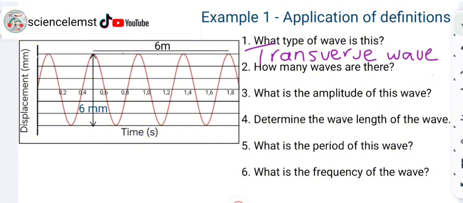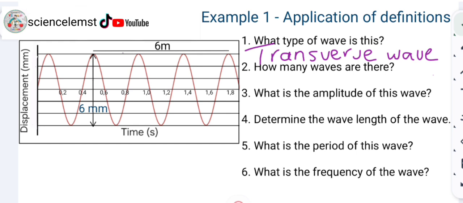They are vibrating at right angles to the direction of propagation of the wave. So that will be the first answer that I can motivate my answer with, because the particles of the medium are vibrating perpendicular to the direction of propagation. The second way I can motivate, I can say because it has a crest and it has a trough. That makes it a transverse wave.